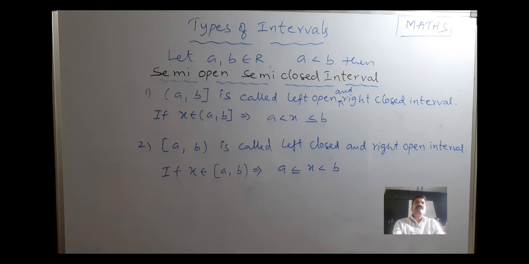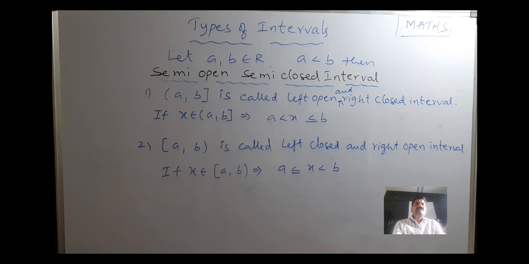You need to read it as open a comma b closed interval. This is one way we can also call left open and right closed interval. Left open, right closed interval. So as usual, if it is open, we should not include that particular value. If it is closed, we must include that value.